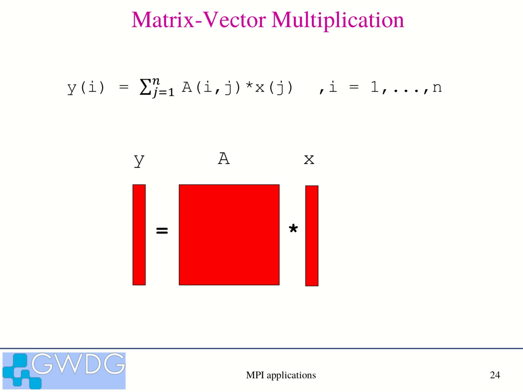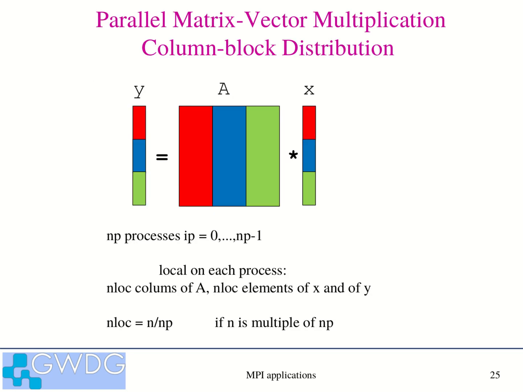So now the goal is to do this matrix vector multiplication in parallel with many processes. Now, how is this done? A way to do it is just to partition the input matrix into column blocks, and every process will deal with one column block of the input matrix, and to partition also the input vector in pieces, and one piece is residing on every process.